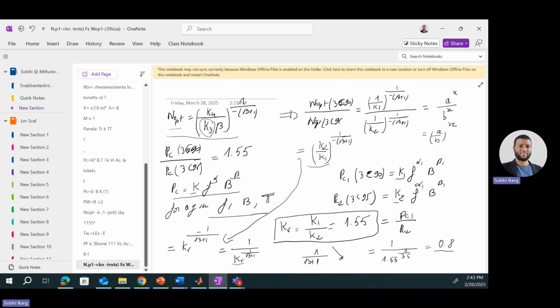This one is 1 over Kr, and this should be 1 over Kr. That's why. So one over 1.5.